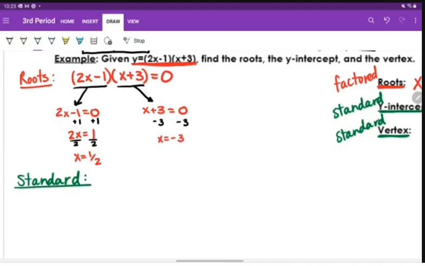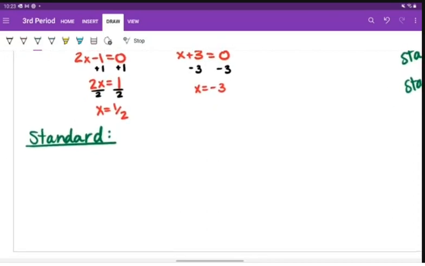To do that, we'll use the process that we used on example 1, example 2, example 3, and example 4. That process is to multiply the two factors together: 2x minus 1 times x plus 3.